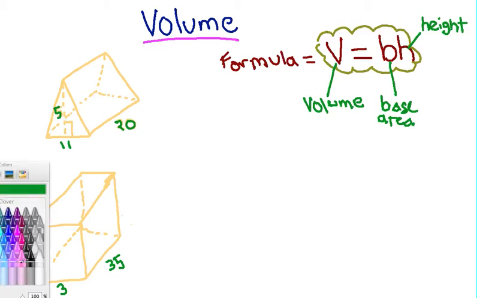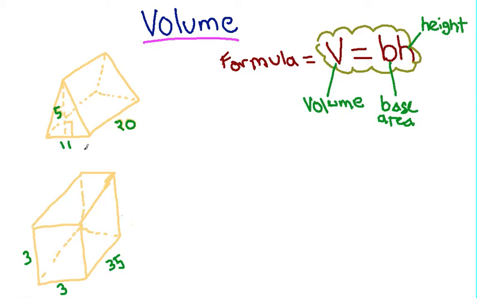For example, we have this triangular prism here. It's a triangular prism. And why is it called a triangular prism?